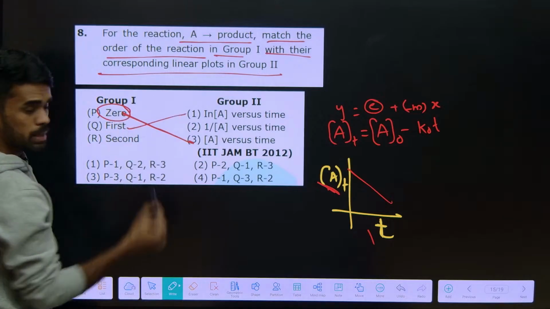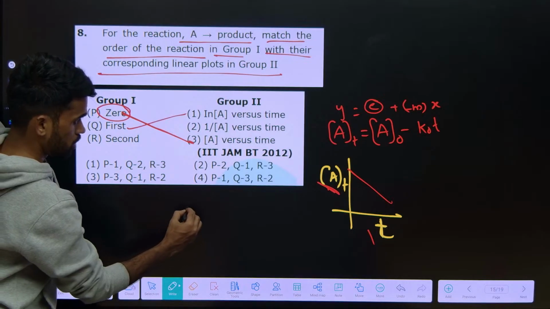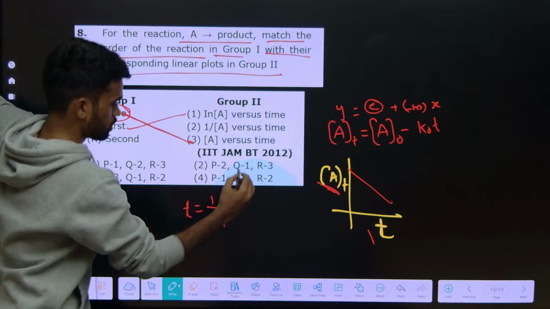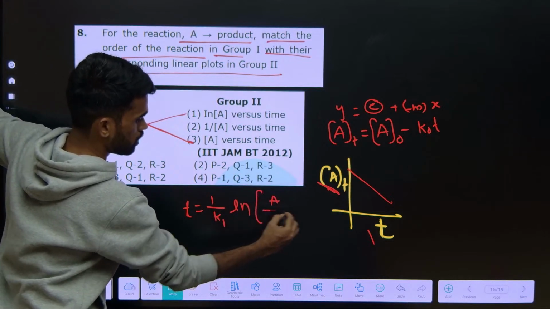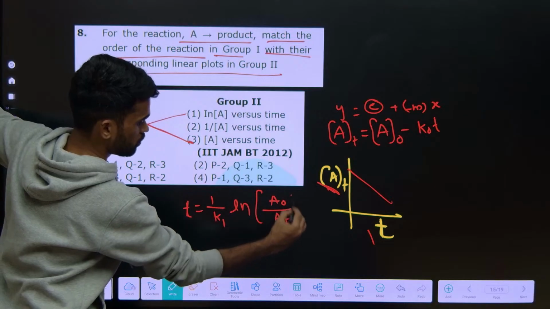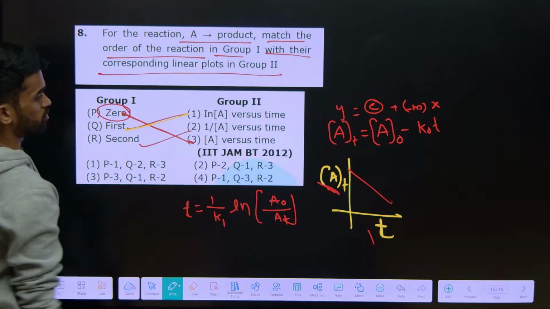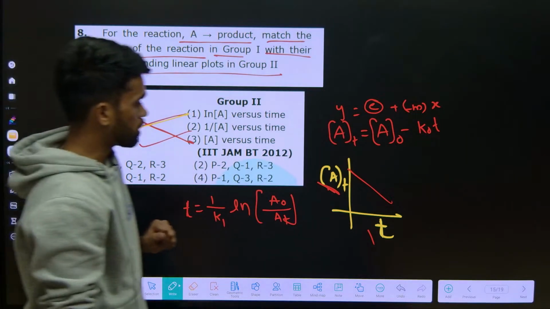You can draw that from this: t equals 1 by K1 ln of A naught by At. From this you will get it for first order, and 1 by A versus time will be for second order. That is it.